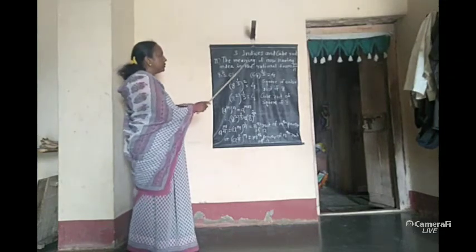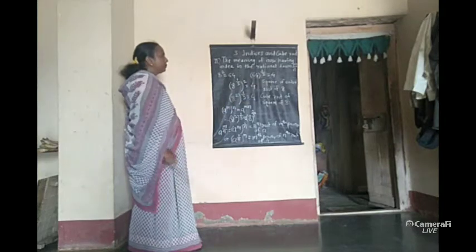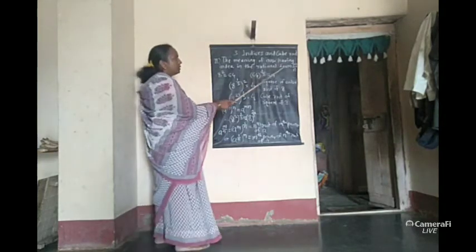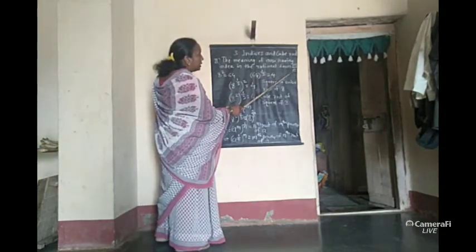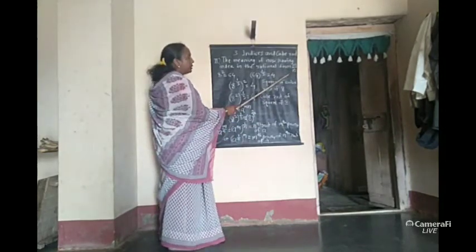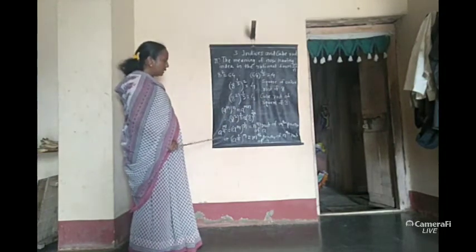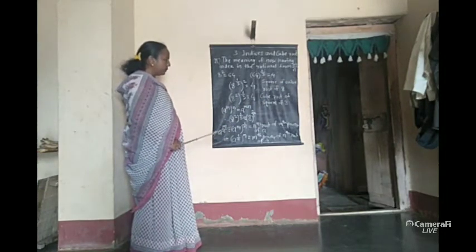Today we saw the meaning of numbers having index in the rational form m upon n. Here m is the numerator and n is the denominator. At the m place we have to write the power. At the n place we have to write the root value. These two rules are used for solving practice set 3.2.